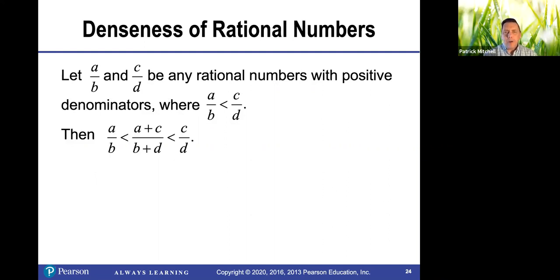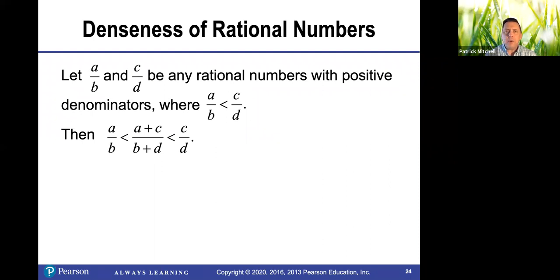Then it turns out that if you add the numerators and add the denominators, which is how I'm always reminding my students is not how we add fractions, right? That is not how we add fractions. But what it does give you is a fraction that's between those two fractions.